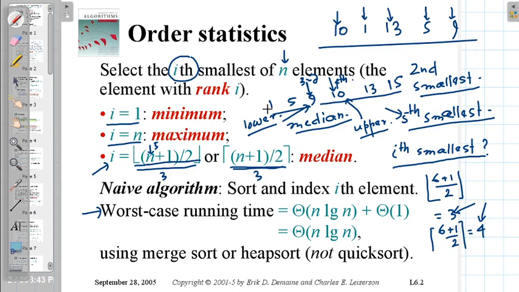So here I have sorted it: 1, 5, 9, 10, 13, 15. Now if you ask me for the fourth smallest, then it is the element at the fourth index position.